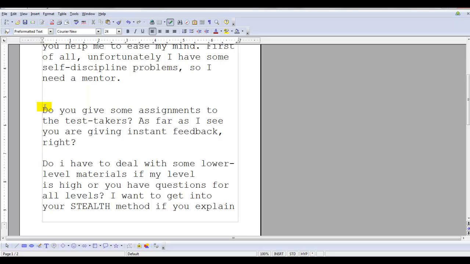But the feedback is not instant. What my students do, Eli, is post a pronunciation or speaking practice test at my VoxyPop discussion group, and about 24 hours later, I go to the discussion group and give them comments and then send them a link. So that's how that works.